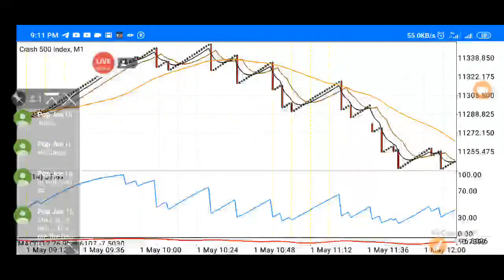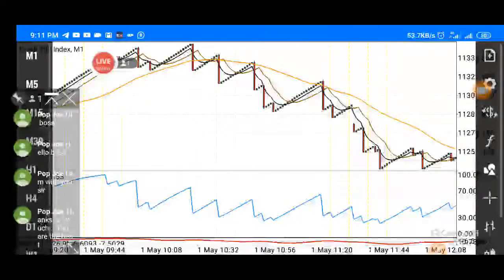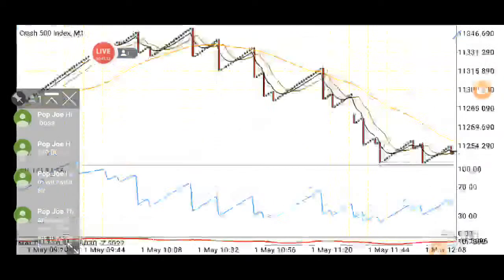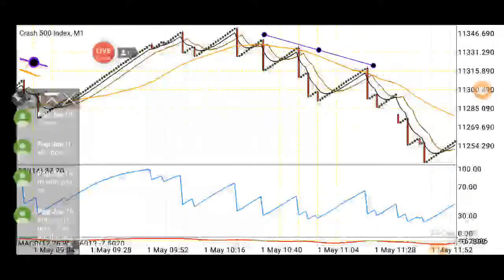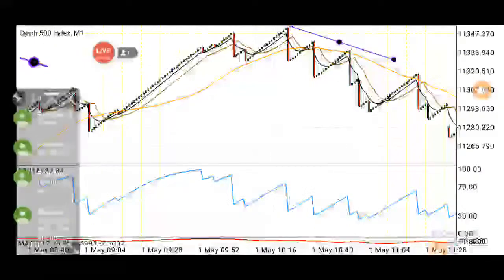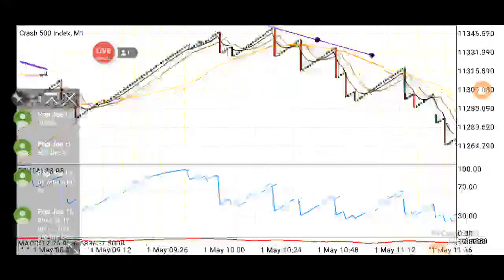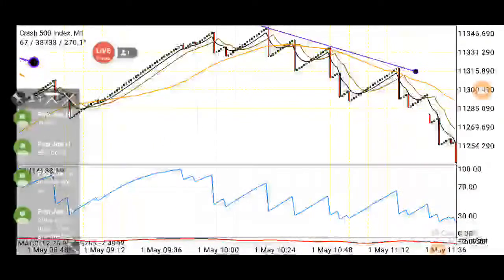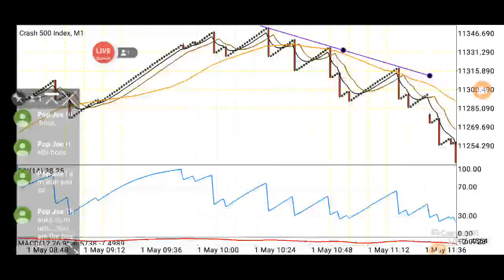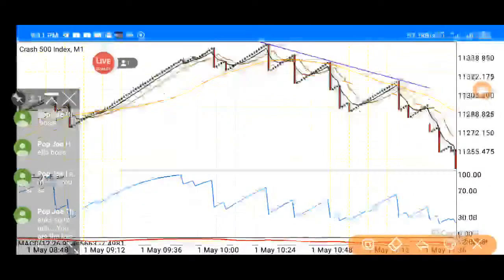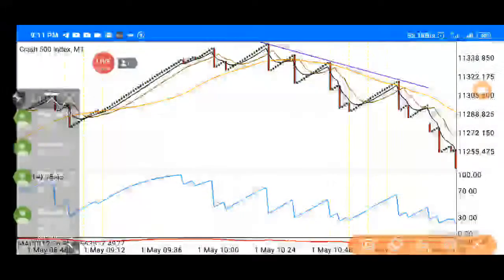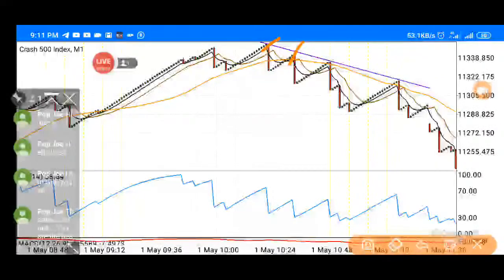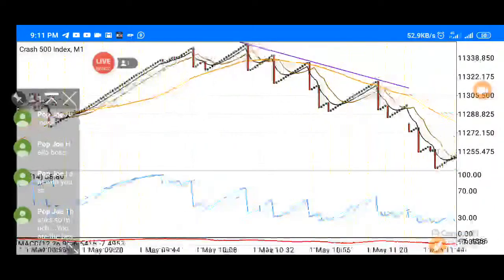So what do you do? Number one, draw trend lines. Join the higher highs together, the highs. So I joined this to this, and I would have caught this spike and this one also, so making two spikes.